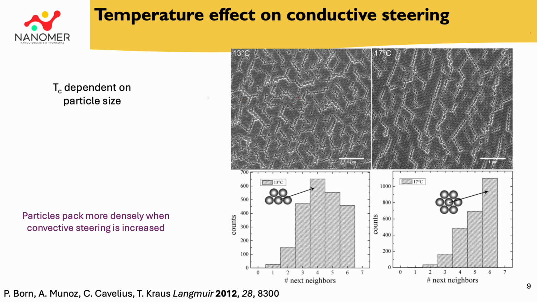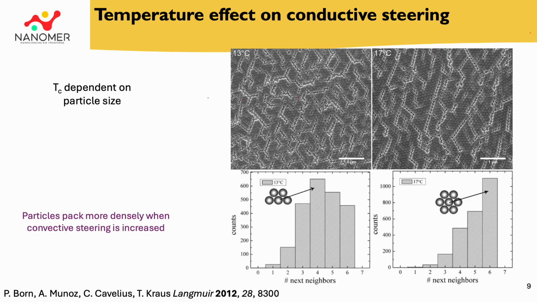One of the effects that we can use to increase convective steering is increasing temperature, which increases the evaporation rate. We can see in this example that there were 2 depositions, one at 13 degrees and the other at 17 degrees. Although it may be hard to tell that one is more crystalline than the other, the authors of this paper quantified this by looking at each particle and counting how many nearest neighbors each particle had.